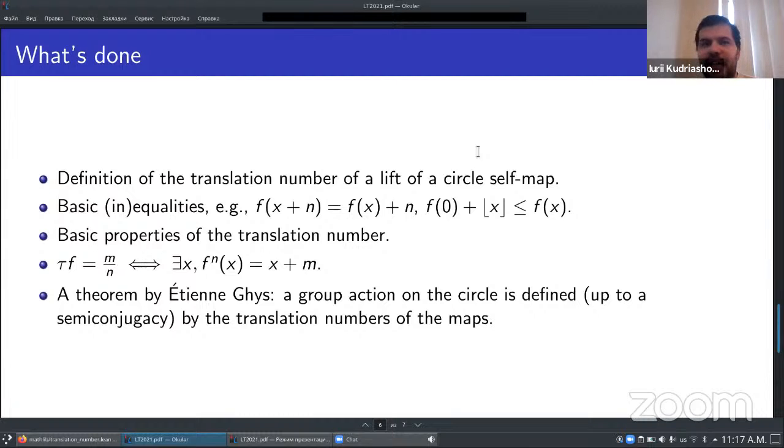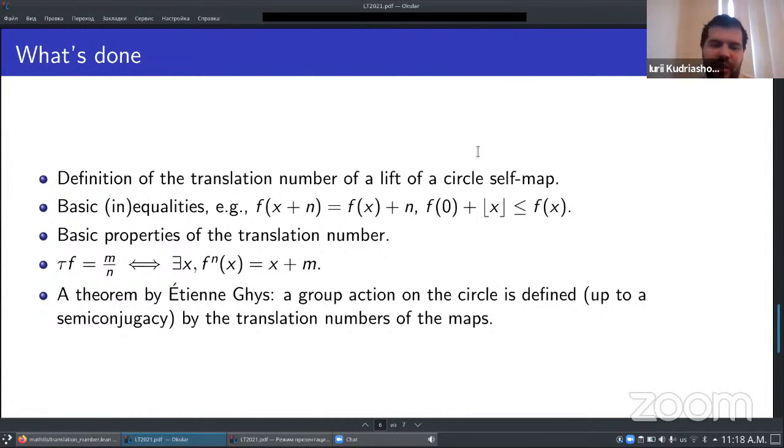And some inequalities like, if you know f of 0, then you have an estimate on any f of x: f of 0 plus floor of x is less than or equal to f of x.